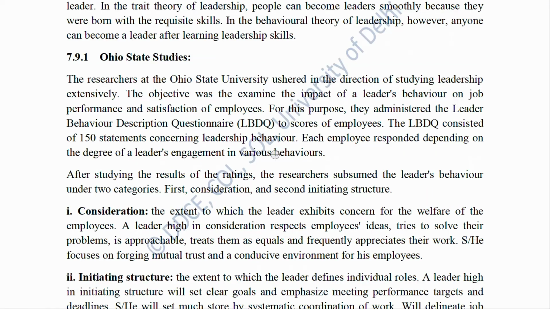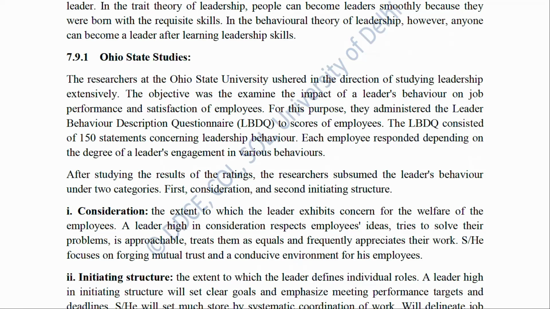7.9.1 Ohio State Studies. The researchers at the Ohio State University ushered in the direction of studying leadership extensively. The objective was to examine the impact of a leader's behavior on job performance and satisfaction of employees.